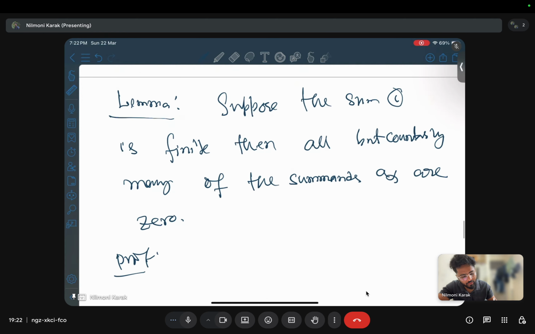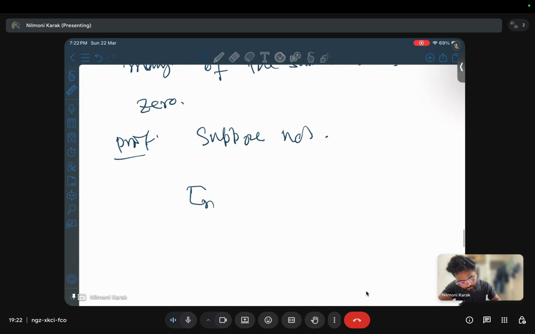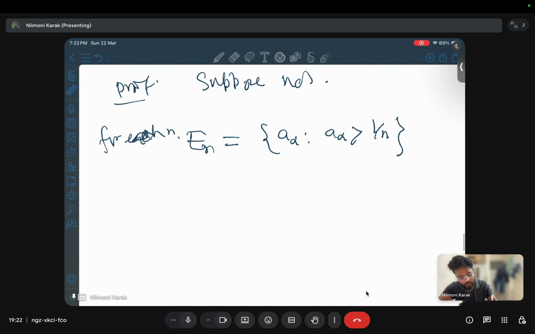So suppose not, we will prove this by contradiction. So suppose this is not like countably many. Then we define E n for each n, and the union of E n, n equals 0 to infinity.